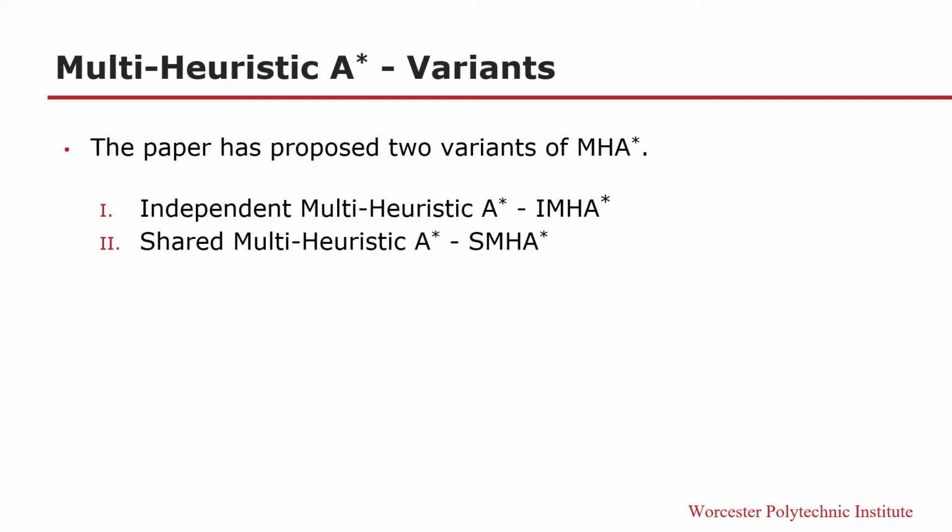There are two variants of multi-heuristic A star proposed in the paper, named independent multi-heuristic A star and shared multi-heuristic A star, which will be discussed further.